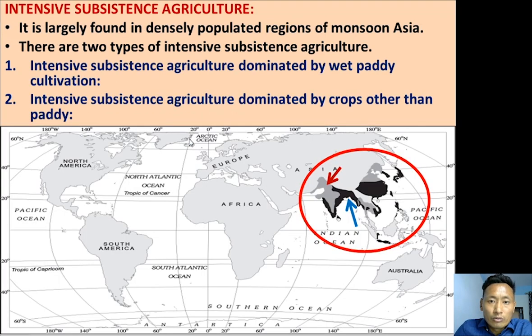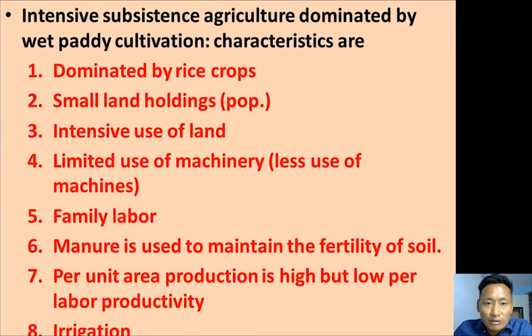In this region they are practicing intensive subsistence agriculture. Why? Because this region usually has a high density of population, and because of the high density of population, every farmer's land holding is very small.